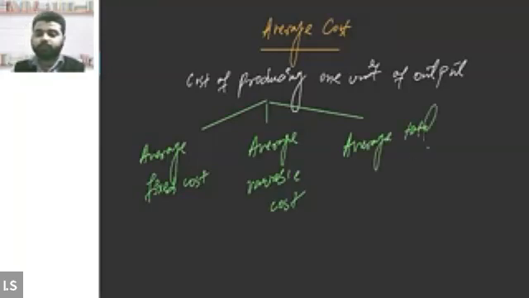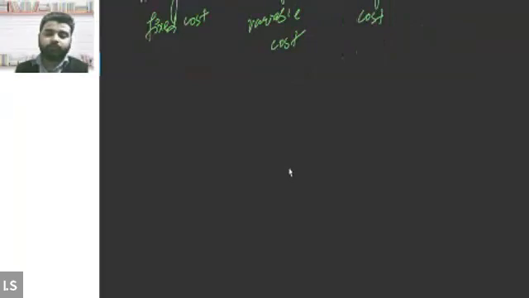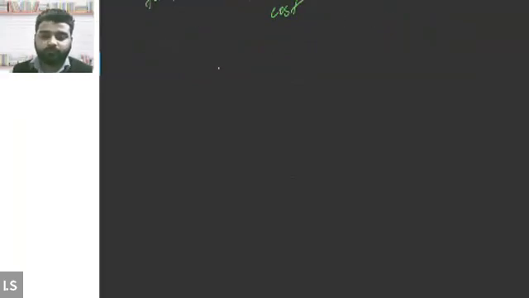So there are three types of average costs. Now, see why there are three types of costs.